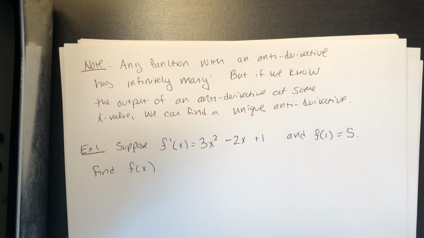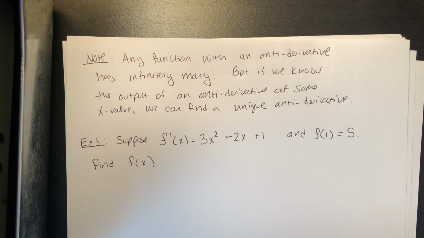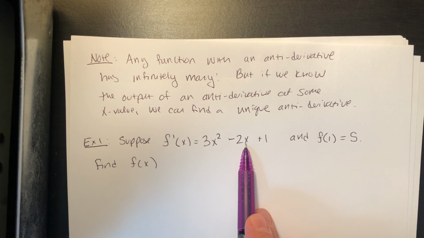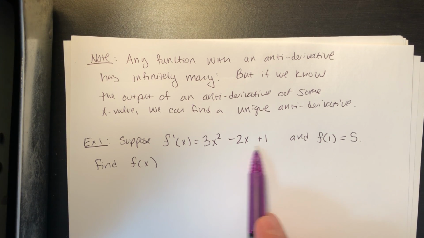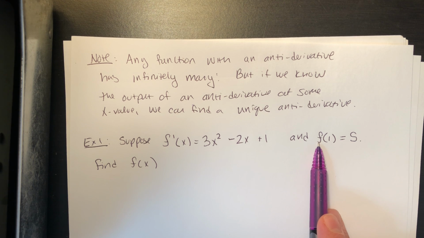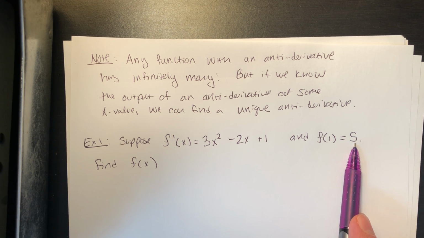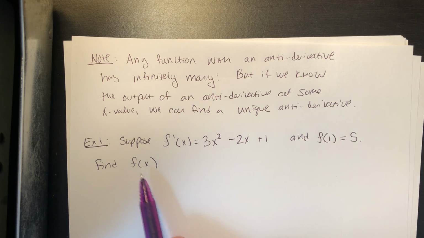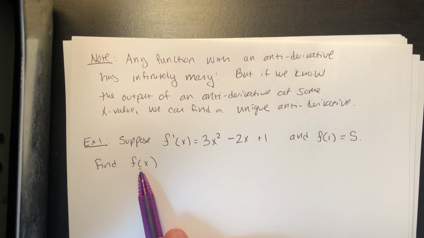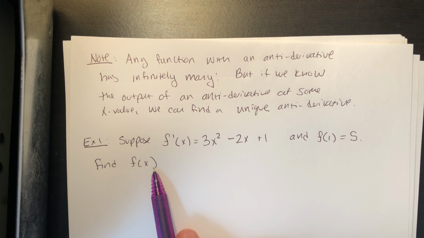So I'm going to give you an example here. Let's say we know that f prime of x is equal to 3x squared minus 2x plus 1. And we know that the original function f, whatever it is, satisfies that f of 1 is equal to 5. We can actually find that unique f of x function. We don't need a general antiderivative here.